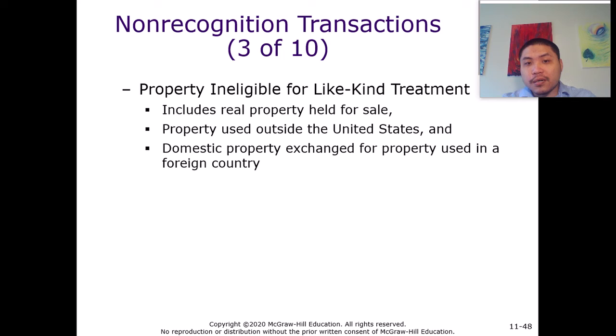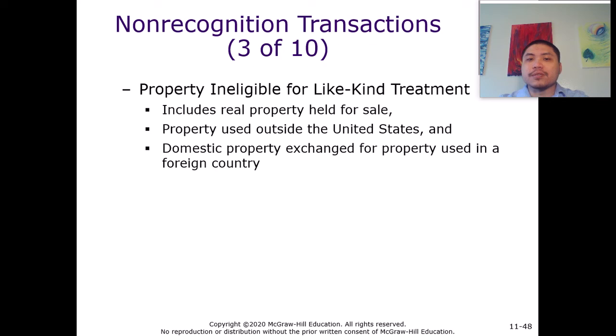Even though their exchange can be a pure exchange, with no payment, no cash involved, they just exchange the ownership of the piece of land in China, because the exchange happened outside of the U.S., it also doesn't meet the requirement to be considered a like-kind exchange.